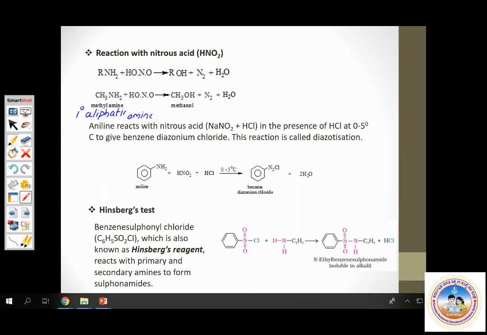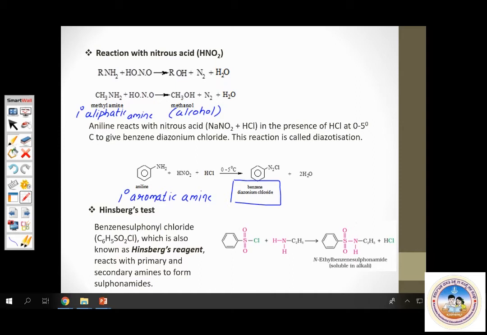Alcohol is the product if the amine is primary aliphatic. But if the amine is primary aromatic amine, then see what is the product you get. You get benzene diazonium chloride. Very important. Benzene diazonium chloride. Okay. That's about reaction with nitrous acid.